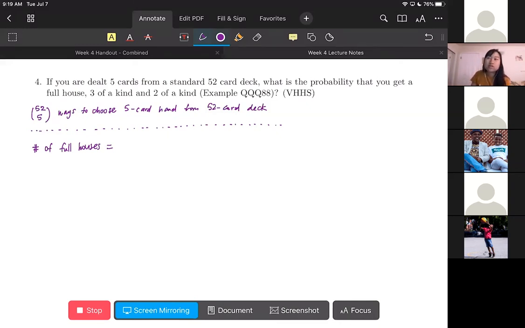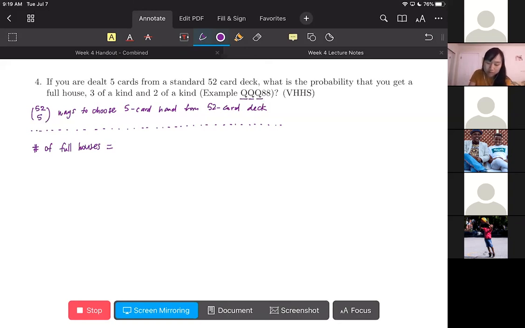Okay, yeah, that's close. There's a lot of properties we can use here, right? So I like your first idea, which is, we can think about how we can form this hand. We can break this down into, we first need to pick, in this example, 3 cards that are the same rank.